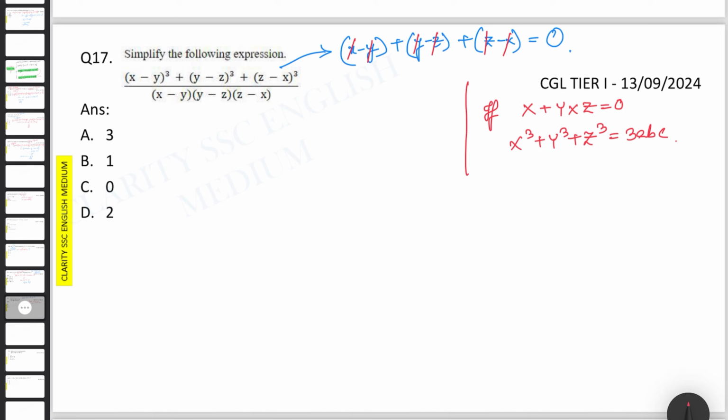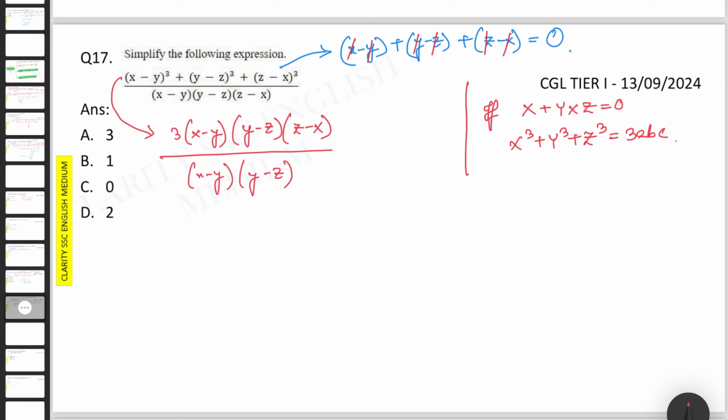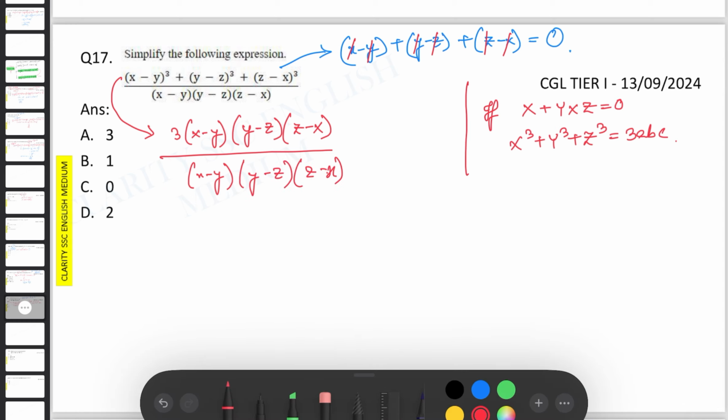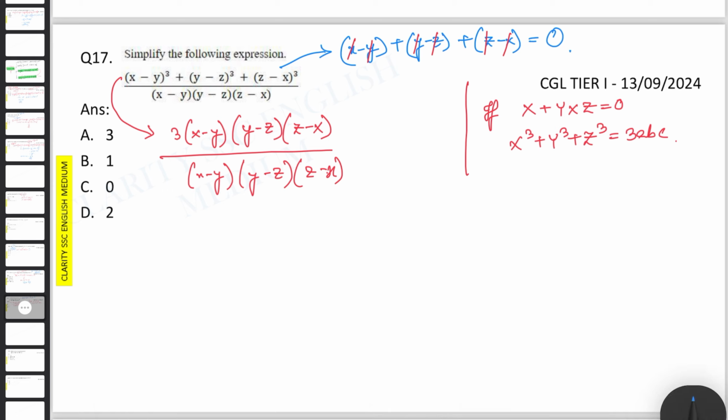So this upper expression will become thrice x minus y, y minus z, and z minus x divided by x minus y, y minus z, z minus x. So by evaluating this and cutting this 3, the answer is nothing but 3 only. So option number A, 3 is the correct answer.